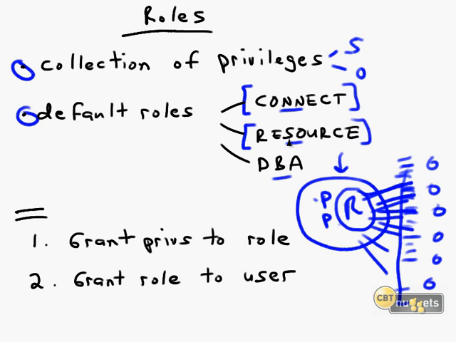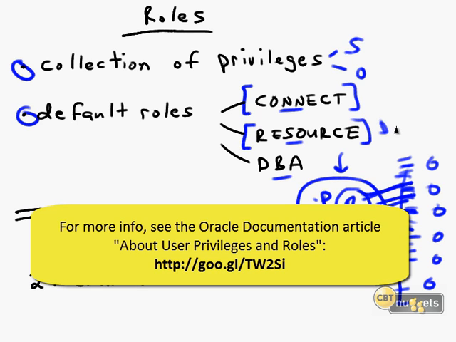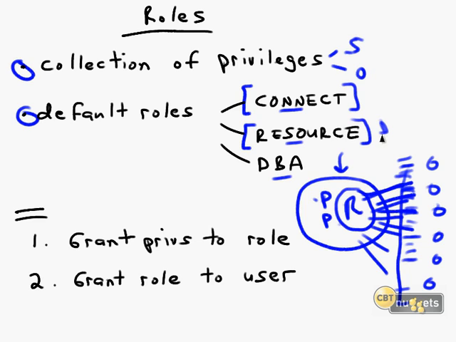Resource is a built-in role that gives the user pretty much everything they need to do DML and DDL database-wide. Many DBAs, including myself, think that this is over-privileging a user. Chances are your best practice is going to be to create custom roles where you know exactly what is privileged and what's not for that role.